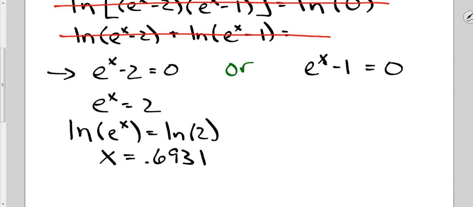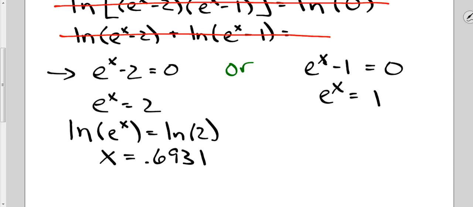Now, everybody do the other side on their own. x equals 0. Didn't even need to calculate for that one, right? e to the x equals 1.